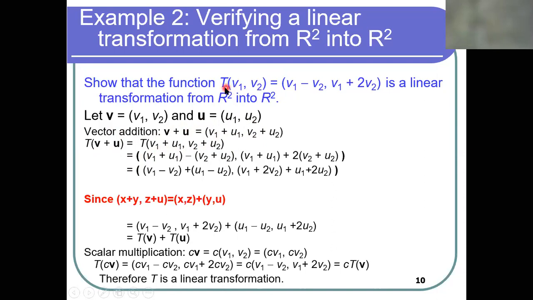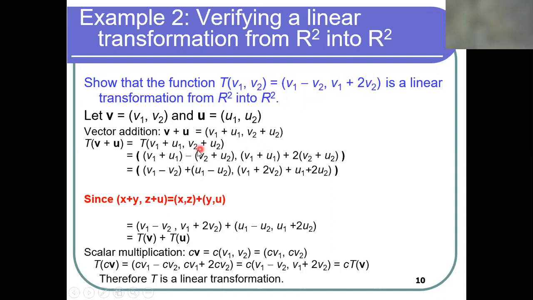When you operate T on u1 and u2, it takes the difference of these two elements, the x coordinate and y coordinate, then adds the first coordinate plus 2 times the second coordinate.